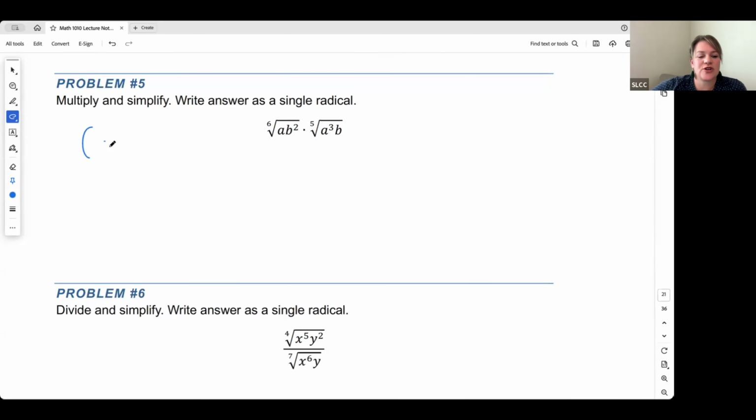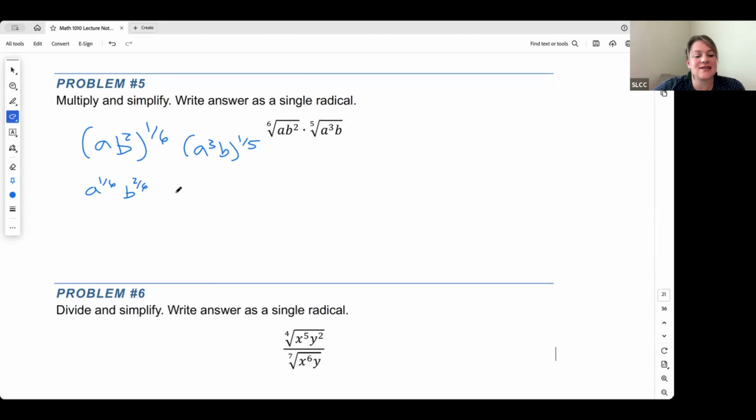Notice I have the first term, ab squared, and it's the sixth root, so it's raised to the 1/6 power. The next term is a cubed b, and it's the fifth root, so it's raised to the 1/5 power. I distribute because I'm multiplying, I can. So a to the 1/6 times b to the 2/6.